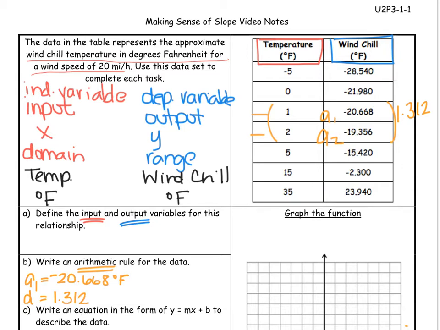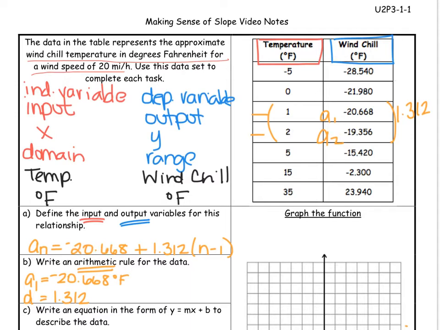So when we want to write our arithmetic rule for any term in the sequence, our a sub n is our first term, equals negative 20 and 668 thousandths, plus our common difference, which is 1 and 312 thousandths, times the term we're looking for minus 1. So there's our general rule right there.